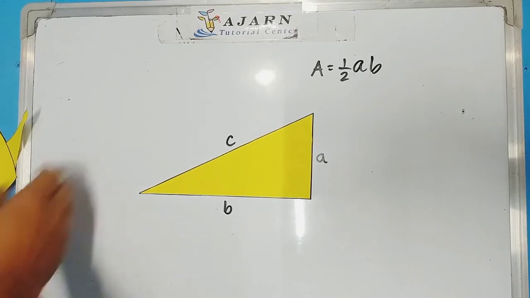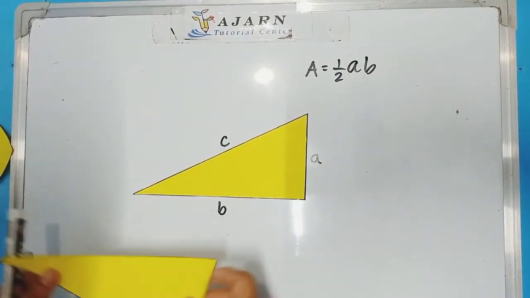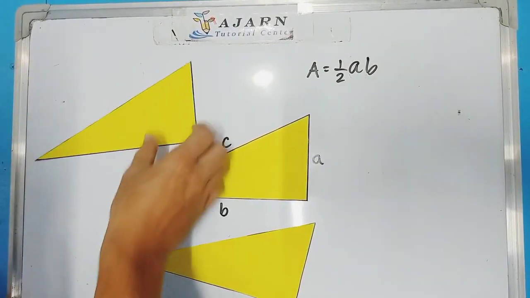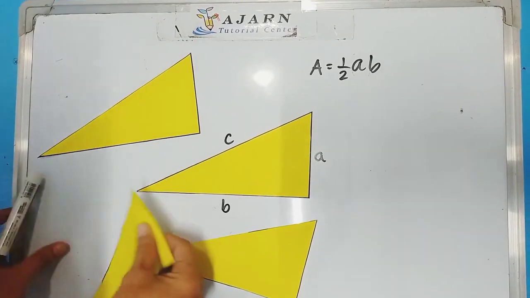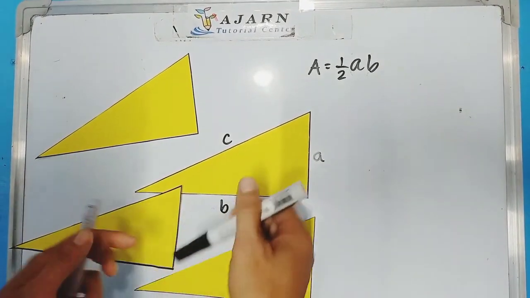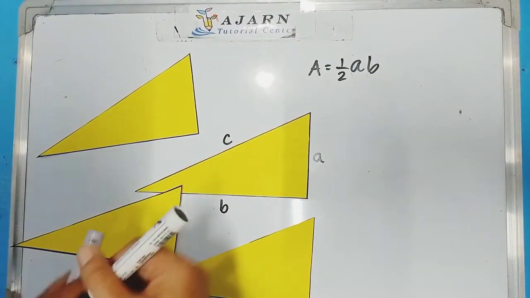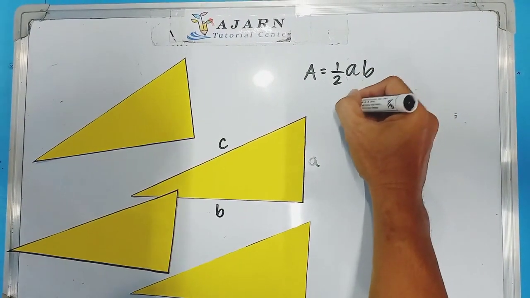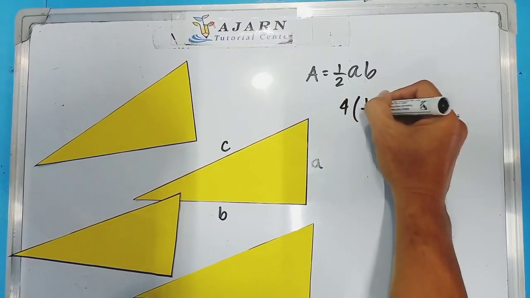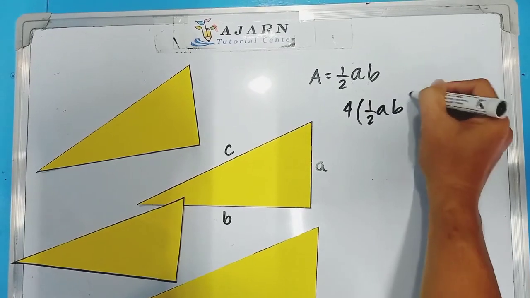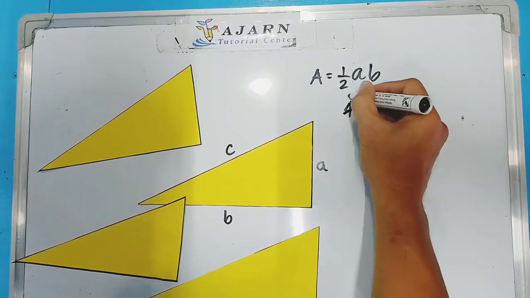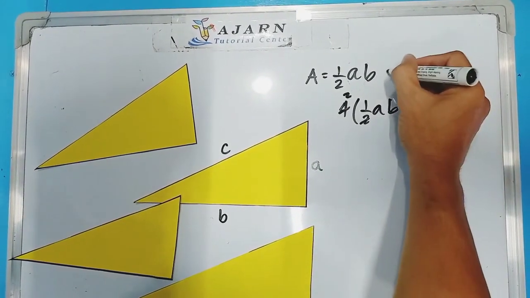I have 4 identical triangles here. I made 4 of them. So the total area of these 4 triangles is now 4 times 1/2 AB. And that gives us 2AB.